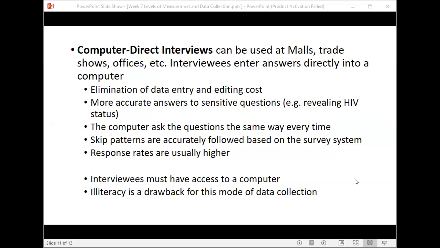But you who are literate can read and answer the questions that come. Okay, and interviewees must also have access to a computer, obviously. If it's a computer direct interview, that computer is the tablet or whatever is on the wall that you can easily use.